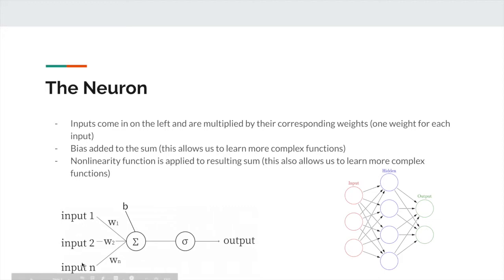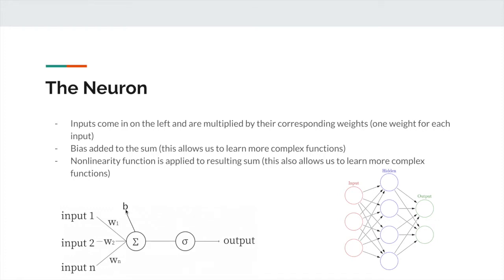For every input, we multiply that input with some weight, which is just a number. We sum these up, add a bias term, and then once we have this number, we apply a nonlinearity function to it, and then we get our output. The weights are just numbers, it could be like 1.2 or something, and the bias is also just some scalar value.